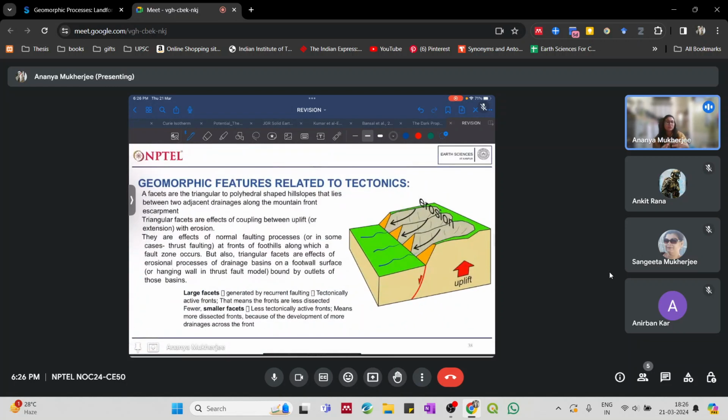And for tectonics, we have large facets and smaller facets that develop at the mountain front that we see.